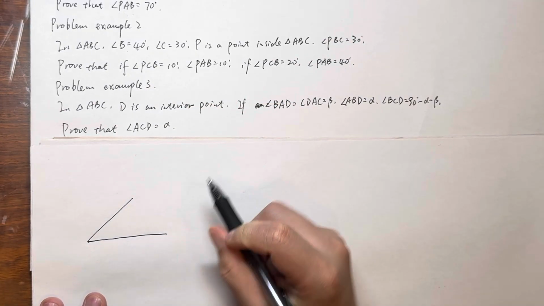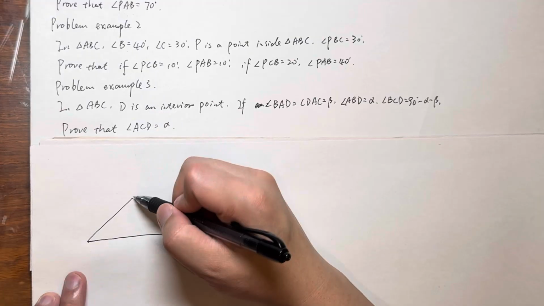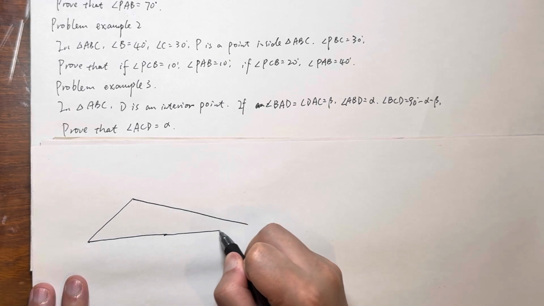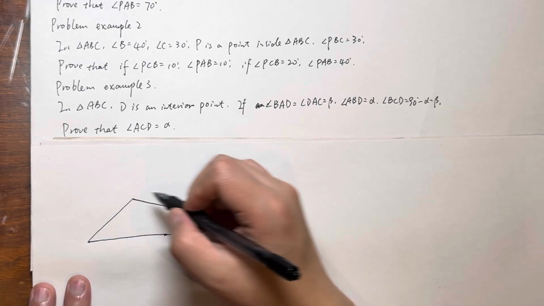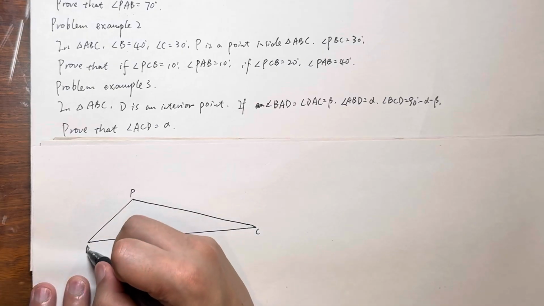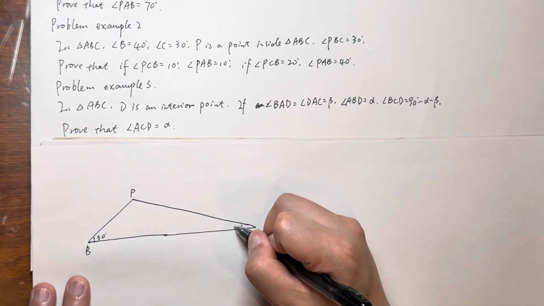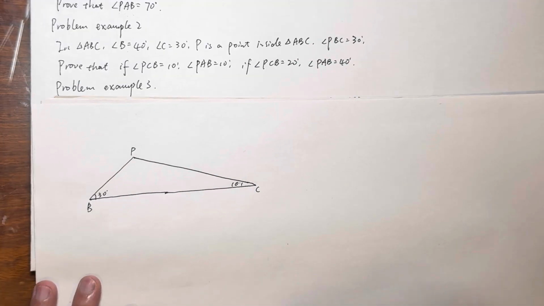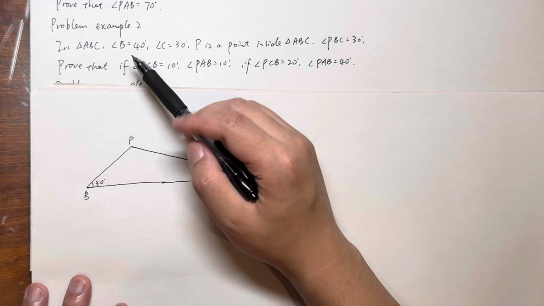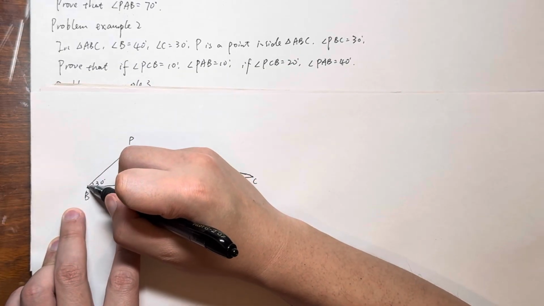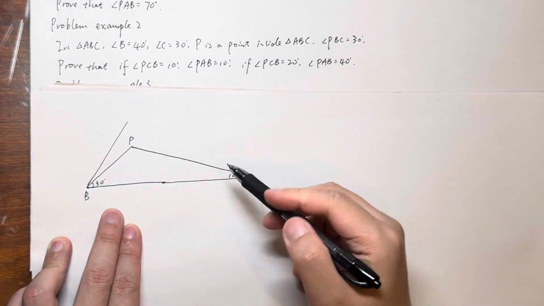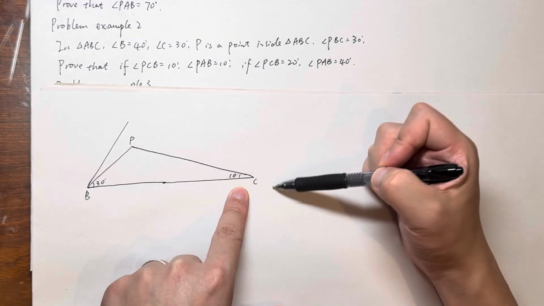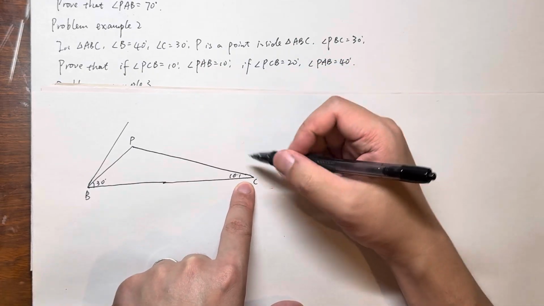And let's draw the figure for the first case that angle PCB equals 10. So it's pretty small here. Right, that is angle PCB. This is 30, this is 10 degrees. Right, and we know that angle B equals 40, which is 10 degrees here, and angle C equals 30, which means angle PCA equals 20 degrees, right?